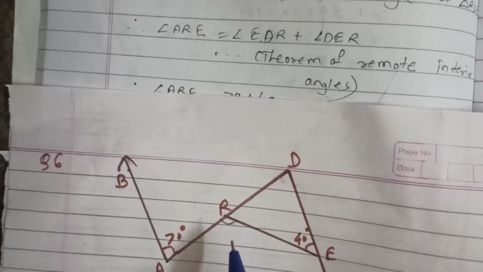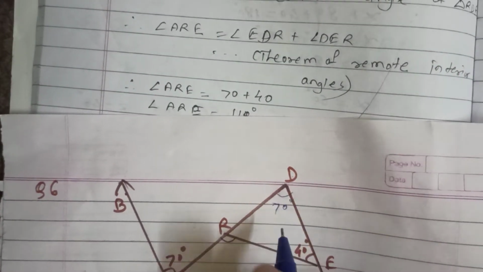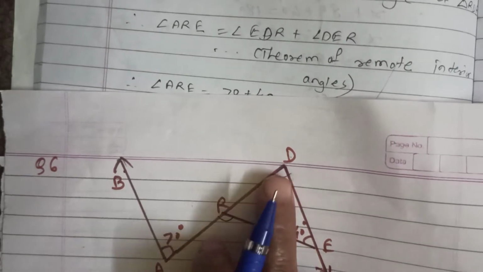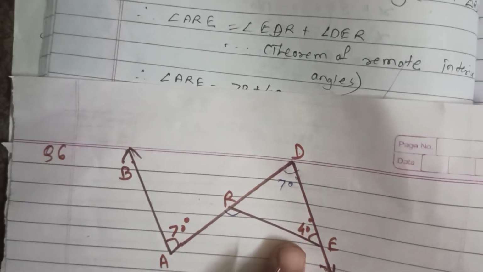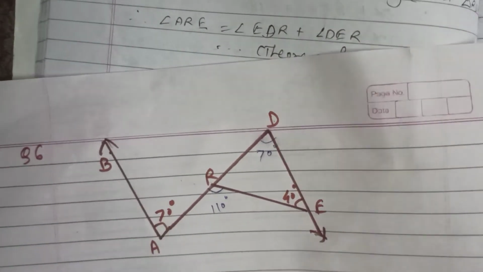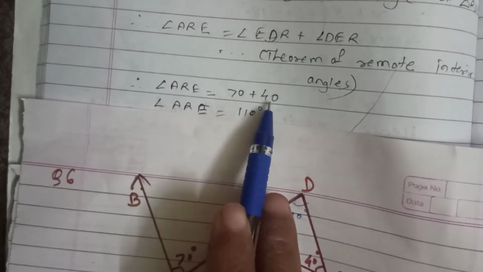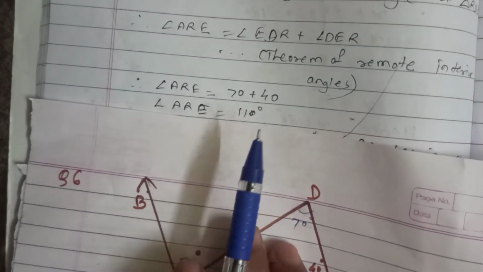This is 70 degrees and this is 40 degrees. 70 plus 40 is 110. Therefore angle ARE is 110 degrees.